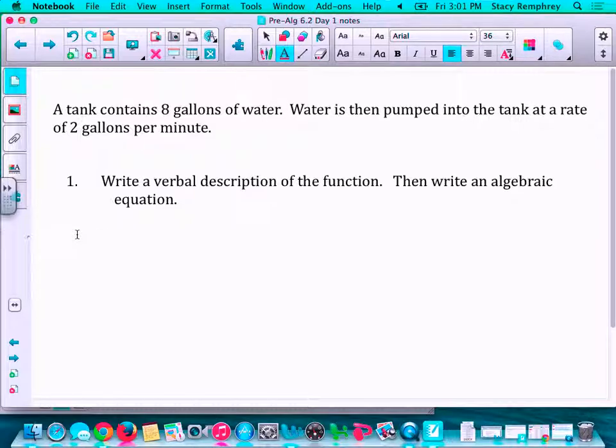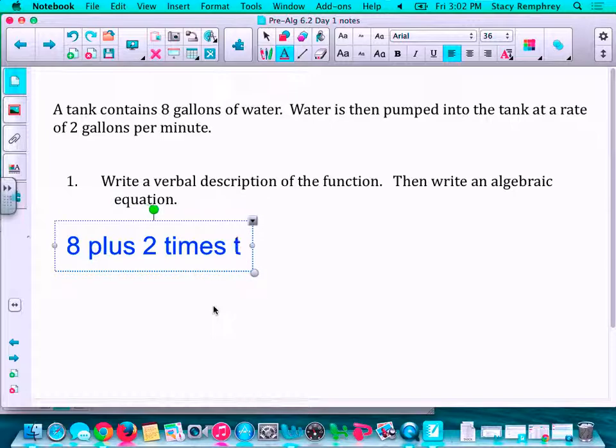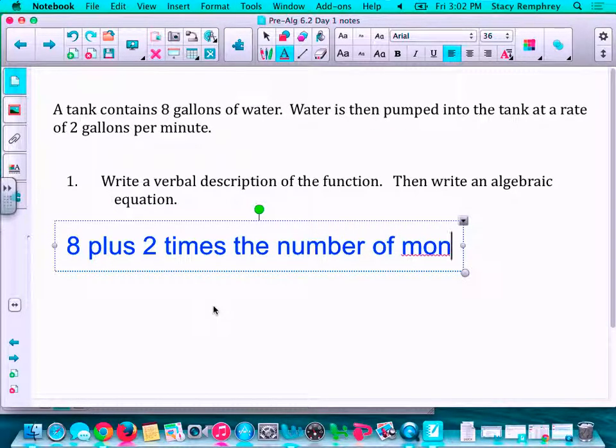A tank contains 8 gallons of water. Water is then pumped into the tank at a rate of 2 gallons per minute. So you start with 8 and it's pumping in, so you're going to get more into it. So I have 8 plus 2 times the number of minutes.